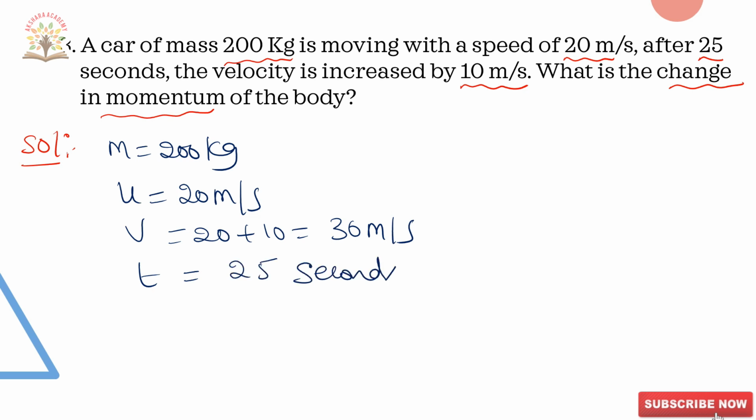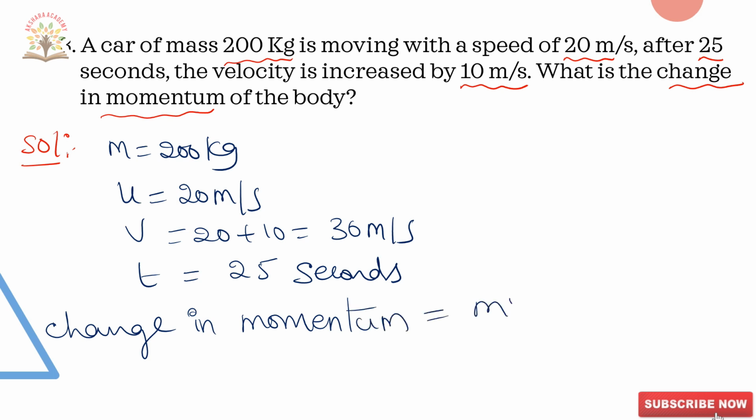So next, now we have to calculate the change in momentum. Change in momentum is equals to mv minus mu. Taking m as a common, m into v minus u.